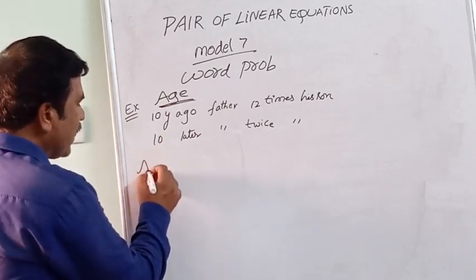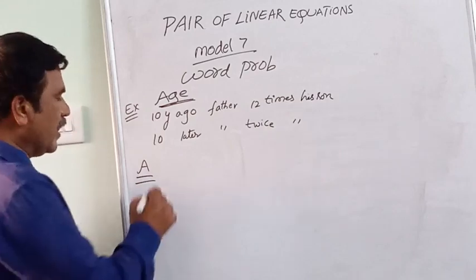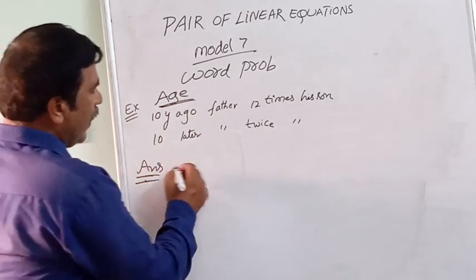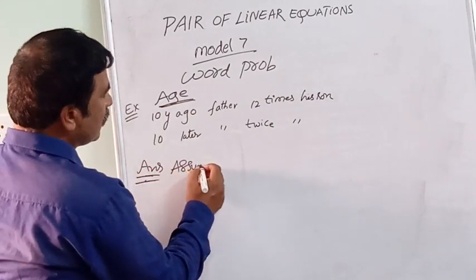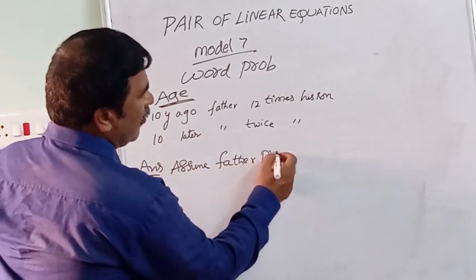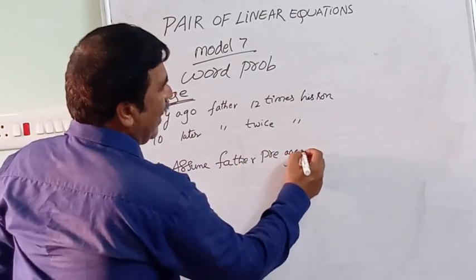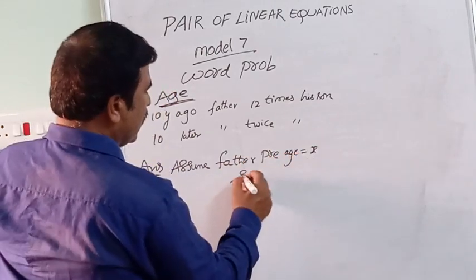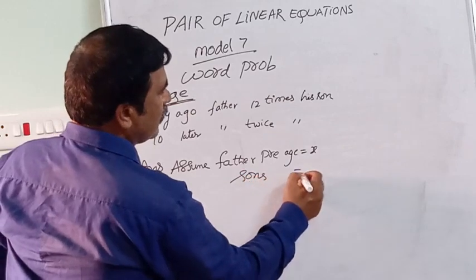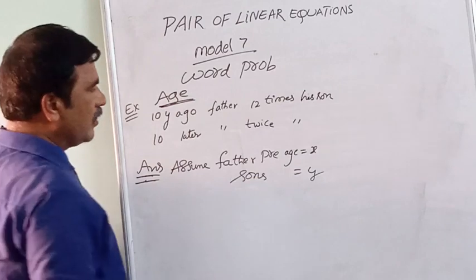What is asked in the question, that is taken as x in the solution. Answer: assume the father's present age as x, son's present age as y. 2 variables, because the equations are in 2 variables.